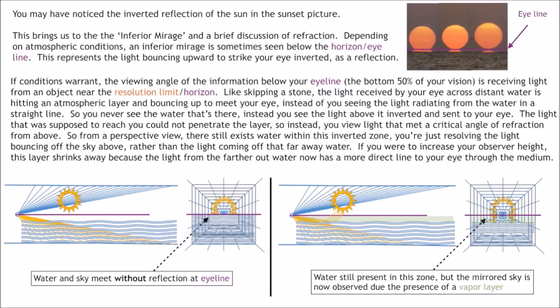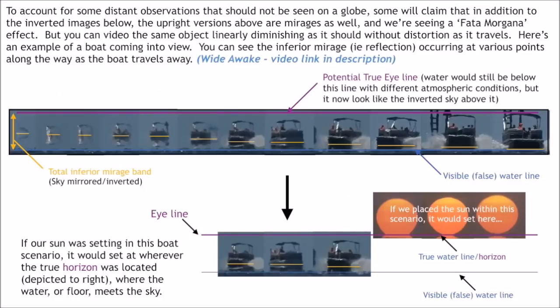And they are meeting without any reflection at that point. Once I add in this layer, some of the light rays that are most shallow and most distant coming off that water refract and are not ever sent to my eye, and instead there are some angles from above that are able to refract and meet my eye inverted. And so I see again that mirrored sky.